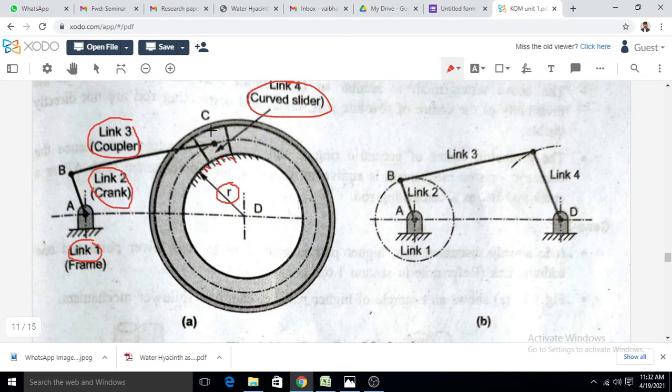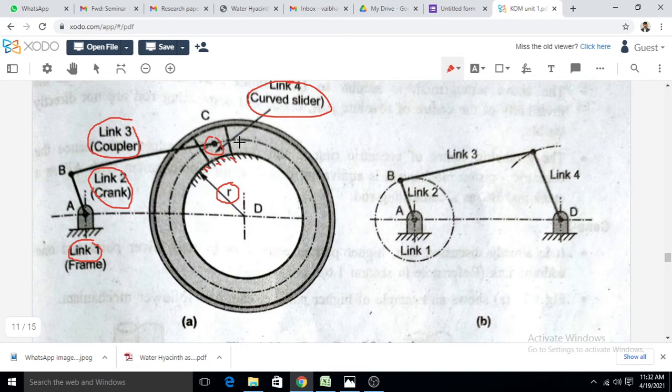Point C is present here, and this is a revolute pair. A revolute pair we also call a turning pair, and when r, the radius of curvature, becomes infinitely large, then this revolute pair becomes a sliding pair.